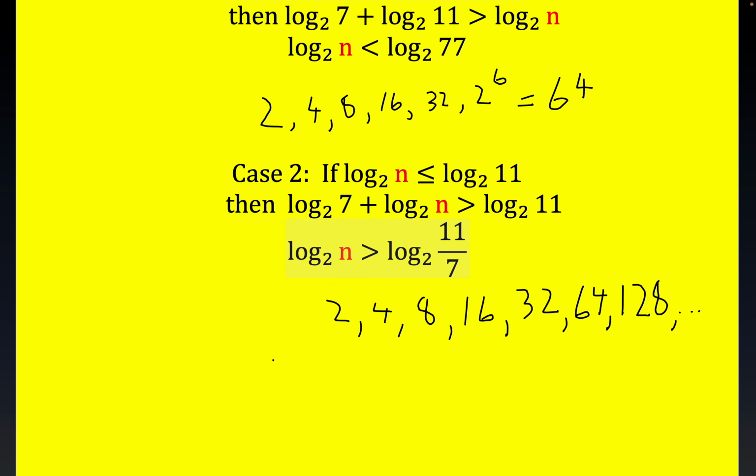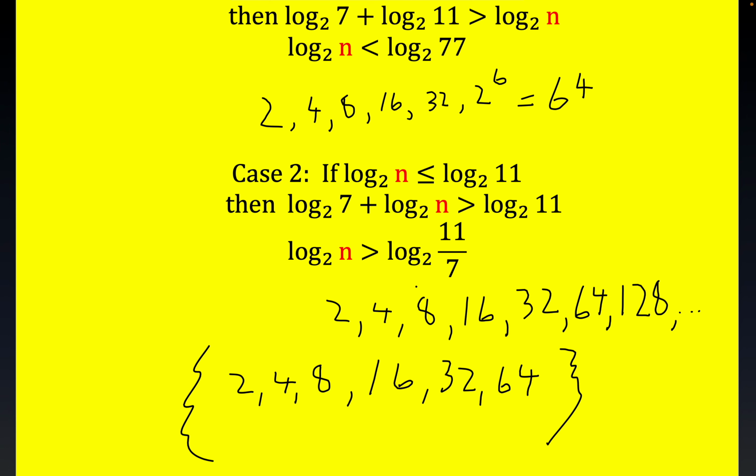We definitely take the intersection of these two sets, and that intersection would be 2, 4, 8, 16, 32, and we stop at 64. The two sets intersect at precisely these 6 values. And so we can write this as the solution set, the set of n that actually satisfy both of these inequalities.